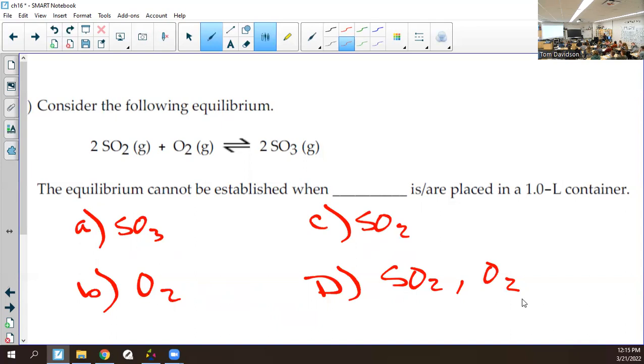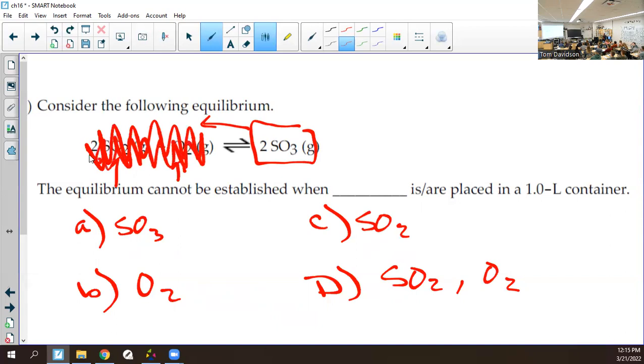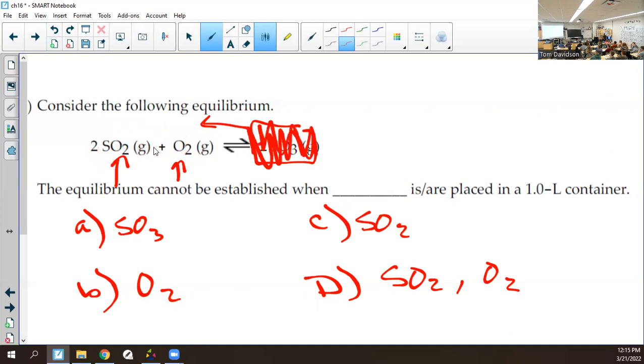It's a tricky question. In order for equilibrium to be established, we have to at least have this, which will break apart to make this, right? And we have to, at minimum, have both of the reactants. So I can put none of these in and just put this in, and it will reach equilibrium. But if I have none of this in, I have to have put both in.